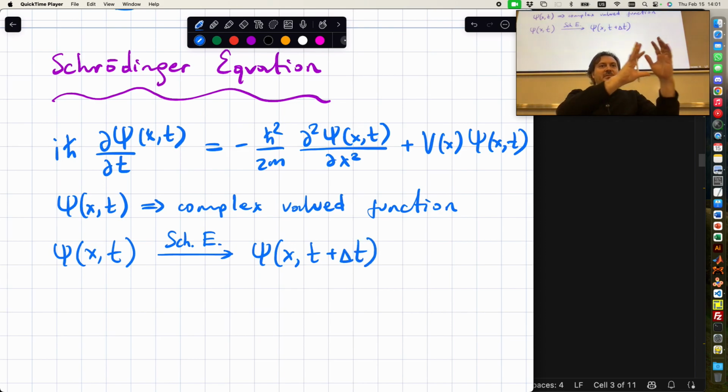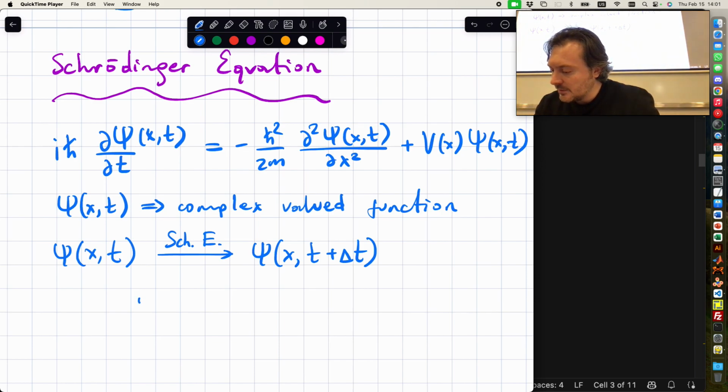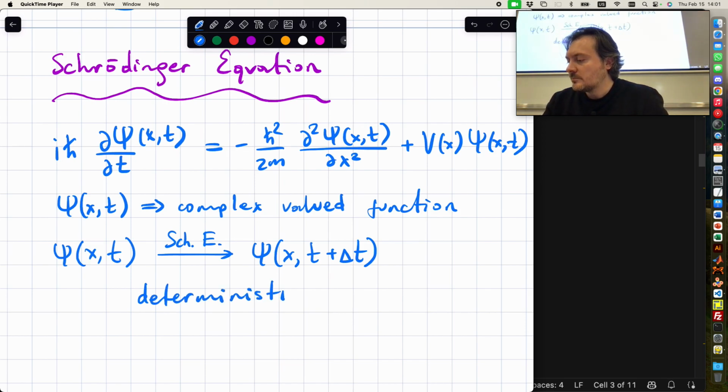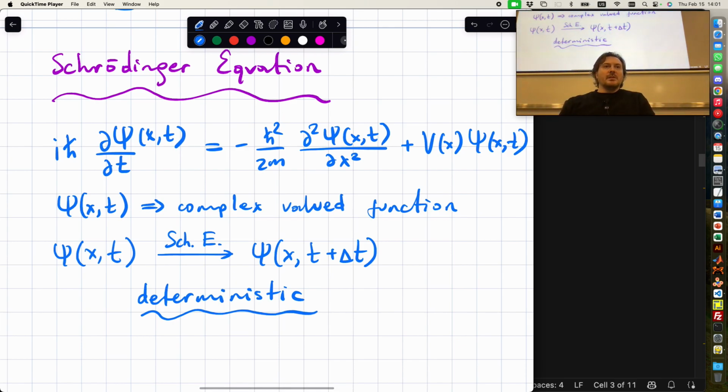It would just take you safely from time t to t plus delta t. And in that sense, quantum mechanics and Schrödinger's equation is deterministic. Give me the wave function now, and I will tell you the wave function after 1 hour using Schrödinger's equation.